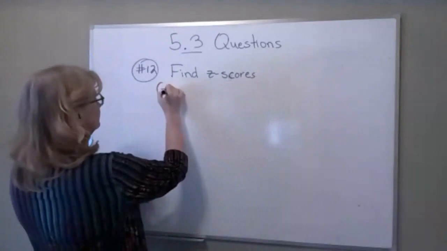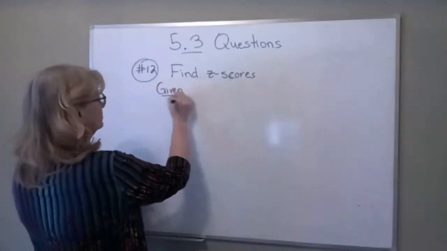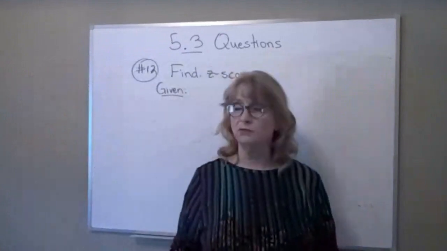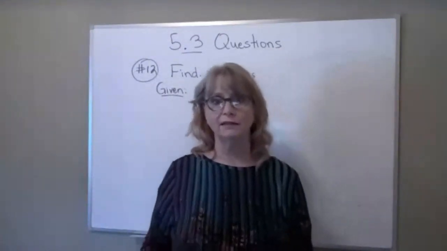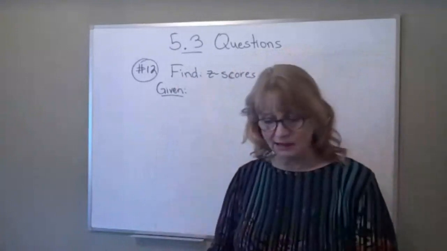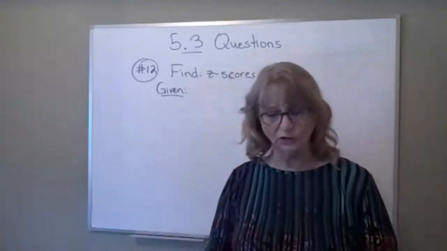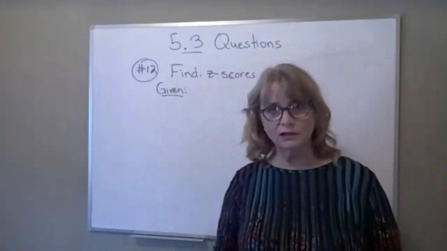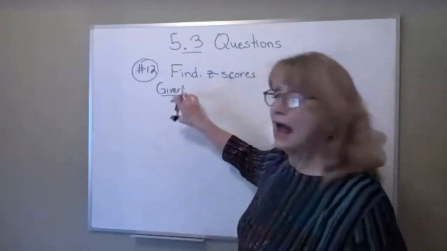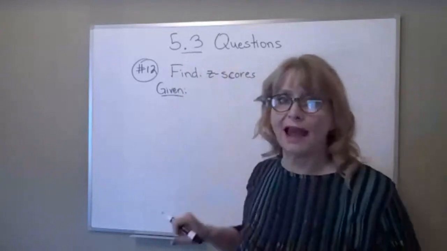And here's what we're given. Anytime you're doing a question, this kind of goes for all of math, identify what they're asking you to find and what information they've given you. And then you want to use that given information and think about how you can use it to get the thing that they're asking.